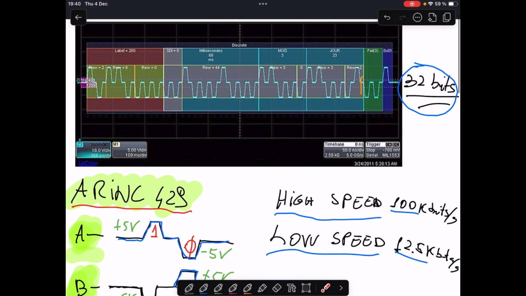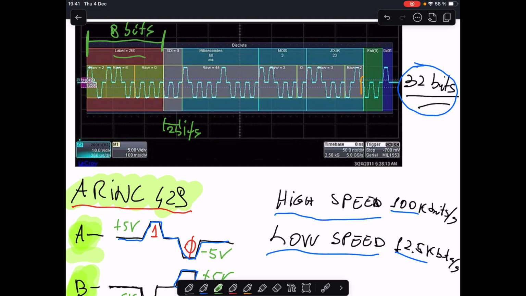It consists of 32 bits. If you count the bits, 1 and 0, they are actually 32, and they are divided into the first chunk, which is 8 bits and consists of the label, which is coded in octal, then the SDI, which is 2 bits.